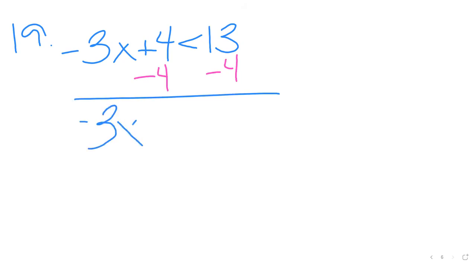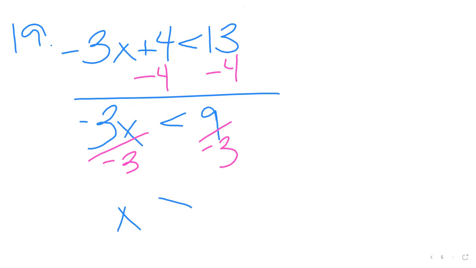That would leave me with negative 3x is less than 9. And next step would be divide by negative 3, divide by negative 3. Remember when you're working with inequalities to flip the direction of that sign whenever you divide by a negative quantity. So we've got x is greater than negative 3.